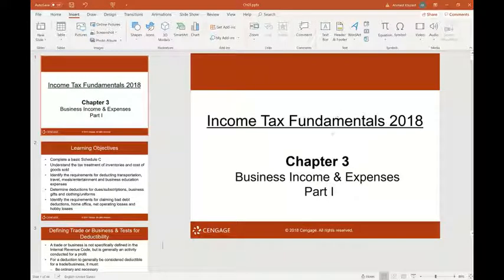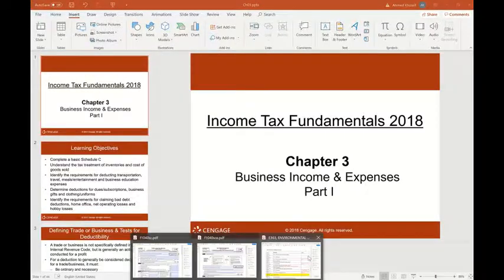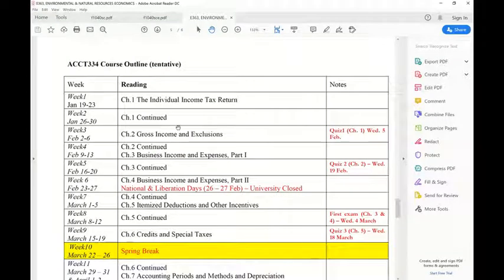This topic is mainly divided into two chapters. So, this chapter in the context of the other chapters: in chapter 1 we started with the individual income tax return. In chapter 2 we mainly presented gross income and exclusions, which is mainly what income is included and what income is excluded.